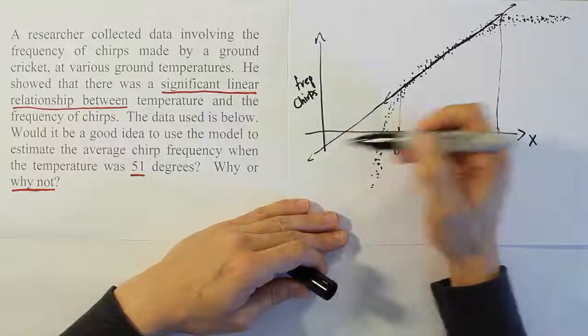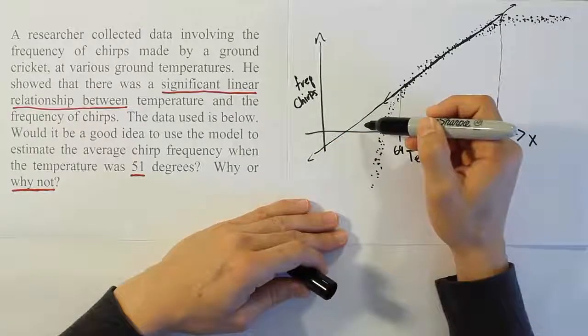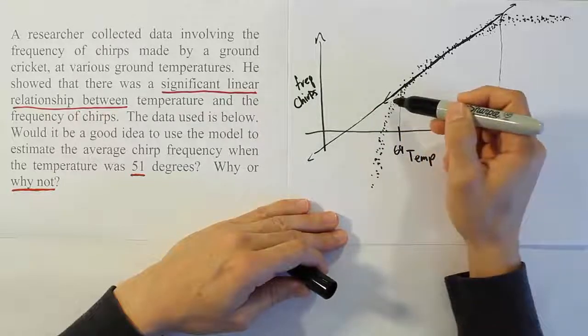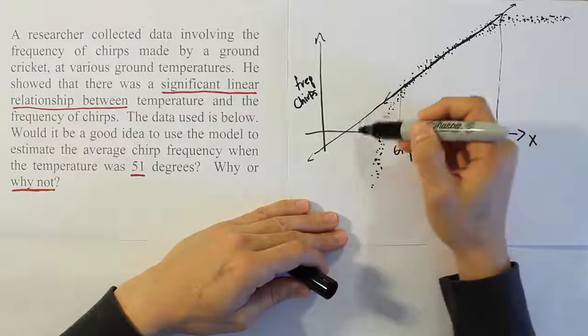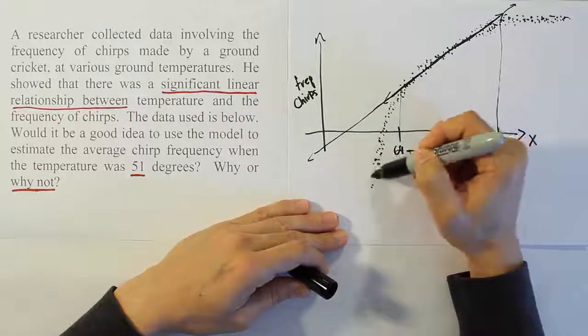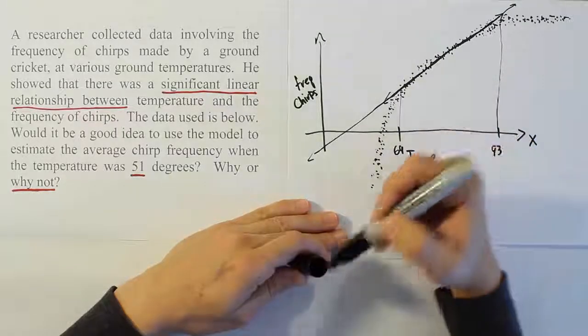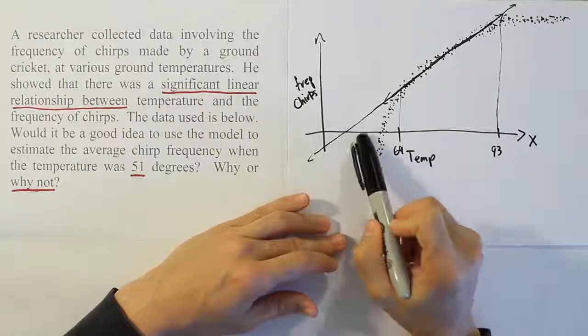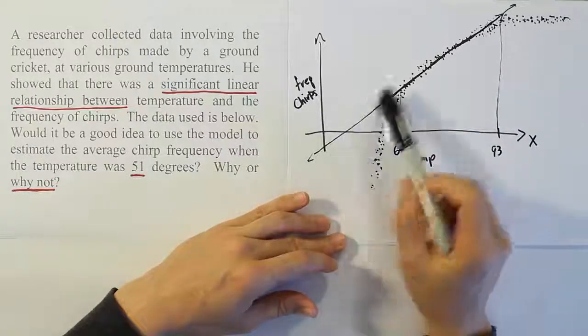So maybe at that point their frequency of chirps goes way down because they're trying to conserve energy. So, for all we know, this would be a very poor choice to use 51. And we can't know for sure what happens because we just don't have the data to know, because we didn't use data as low as 51 degrees to make the model itself.